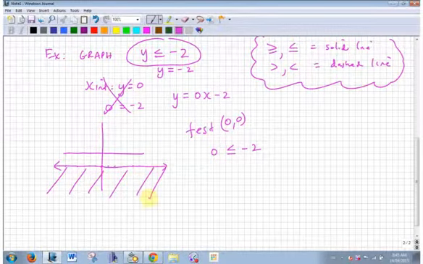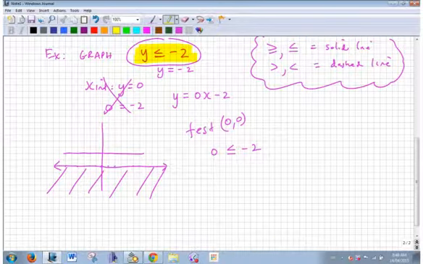That's where we shade. But let's actually look at this again. What does that say in English? It says all the values of y less than or equal to -2. Is -3 less than or equal to -2? So that's a solution.